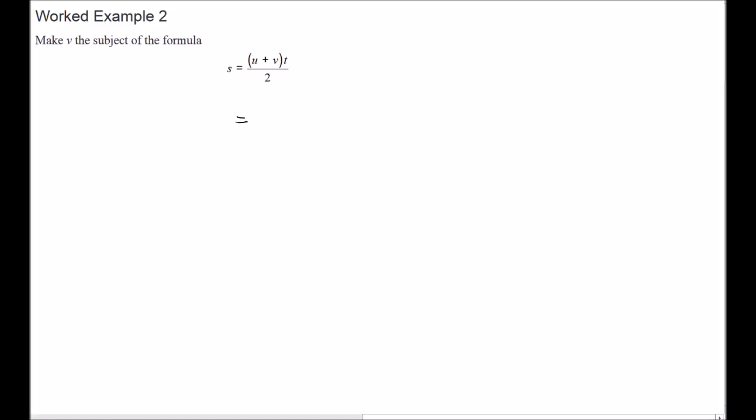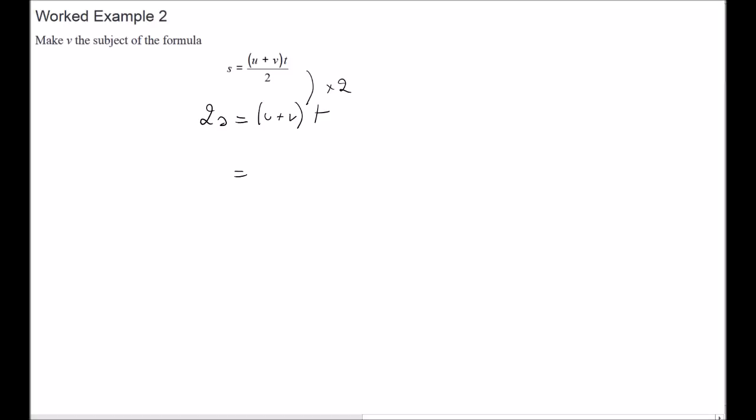Well, first of all, I need to get rid of the fraction. All right, fractions are divisions, as you all know, and I divide by 2 here, so I need to multiply by 2 to get rid of that division. So I'm going to multiply on both sides, and I get (u plus v) times t. I still keep the brackets, nothing changes there, and I get 2 times s.